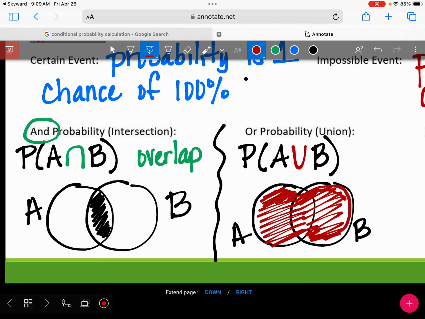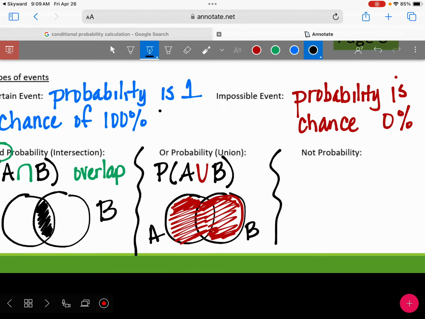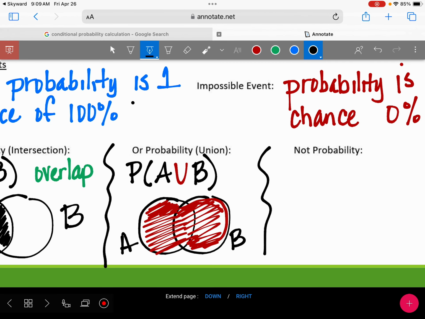And then the last one is the not. And we talked about that yesterday. Probability of not A. For example, I'm going to use that. Remember this symbol, that little squiggle means not.